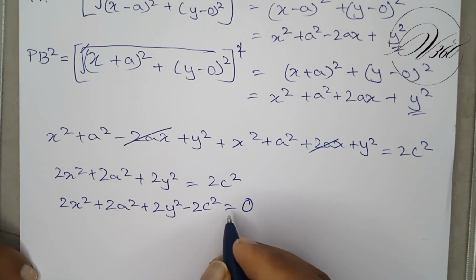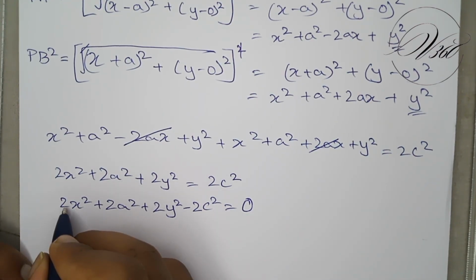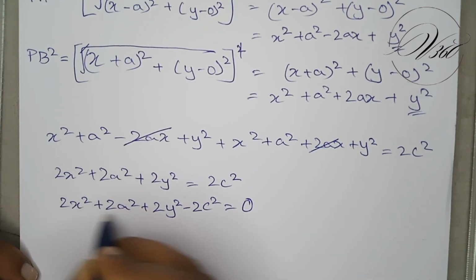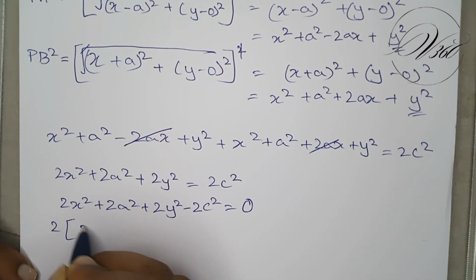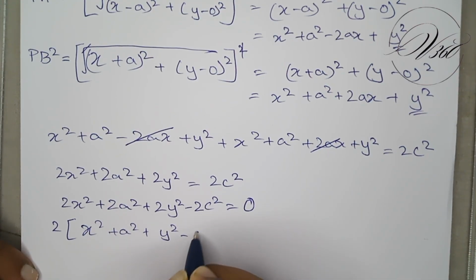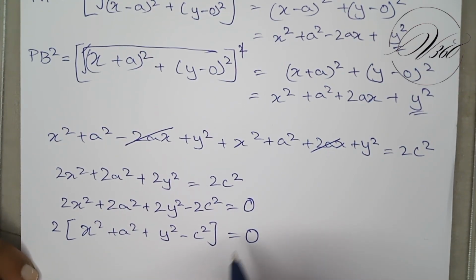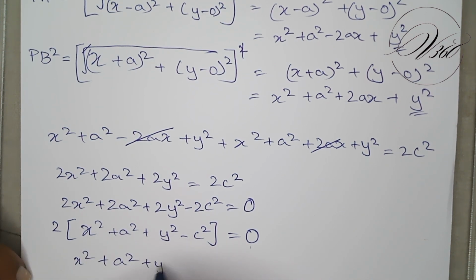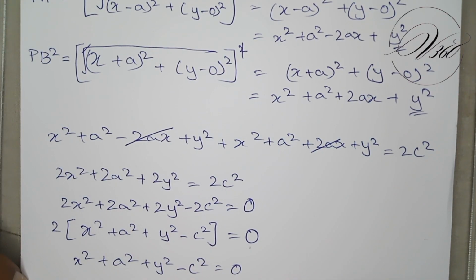Now to solve this, we'll take common. In this whole expression, we have 2 as common for everything. So 2 of (x square plus a square plus y square minus c square) is equal to 0. Now if we take 2 to this side, 0 by 2 is 0. Now we'll get x square plus a square plus y square minus c square is equal to 0. I will take c this side and a this side.